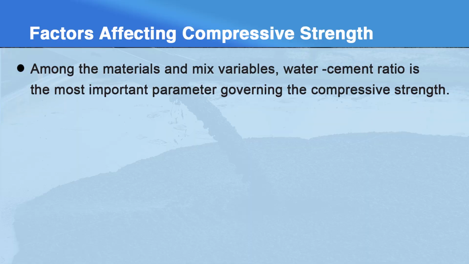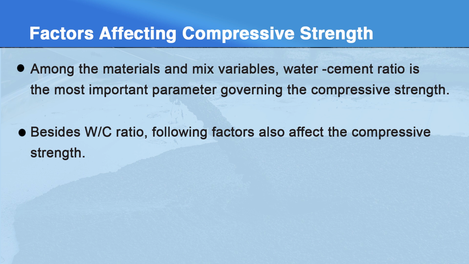The factors affecting compressive strength. As we just discussed, compressive strength is the main strength based on which we can decide about the quality of the concrete. Among the materials and mix variables, the water cement ratio is the most important parameter governing the compressive strength.